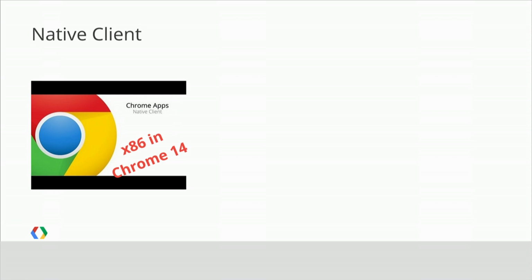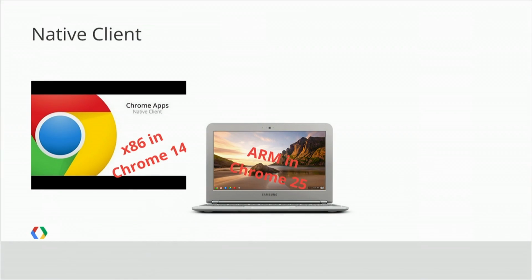Now, NativeClient has been a feature of Chrome since Chrome version 14, about a year and a half ago. We built this for x86, had a big launch party you might have seen, and it's been a persistent feature of Chrome since that time. Around the same time last year, as the Samsung Chromebooks launched, that Sundar talked about in his keynote, we brought NativeClient to ARM.